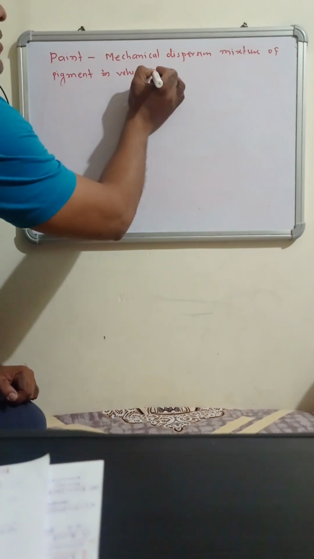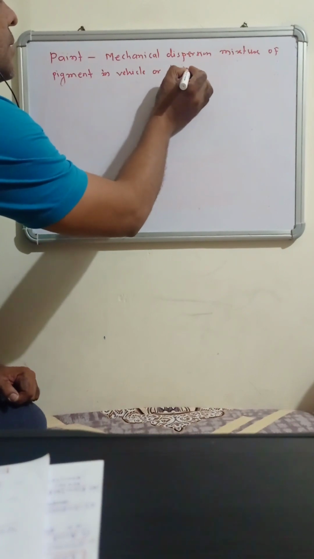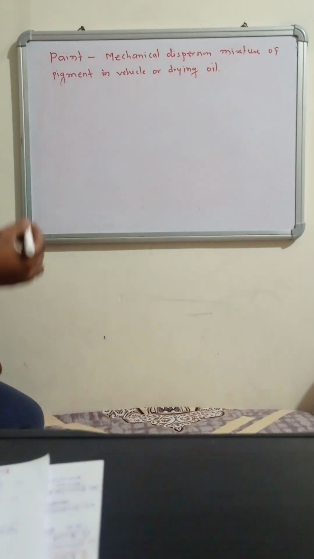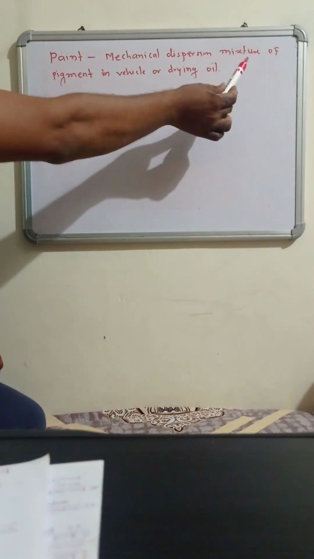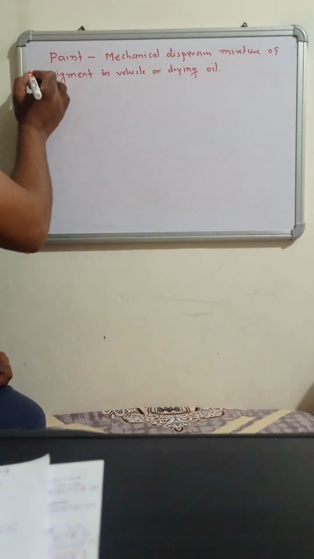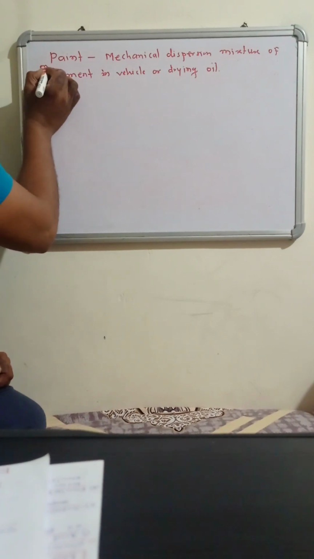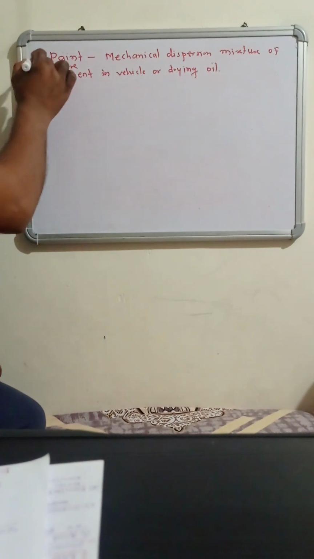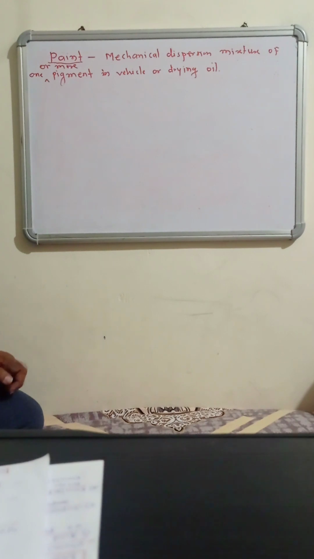That vehicle is also called drying oil. So the definition of paint is the mechanical dispersion mixture of one or more pigments in vehicle is called as paint. So this is the definition of the paint.